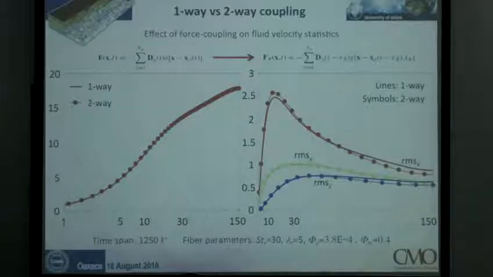The results have been obtained considering not the standard particle-in-cell two-way coupling approach, but an improvement of this, proposed recently by Gualtieri and co-workers in Rome, where you have some regularization of the drag force, which is feeding back on the fluid.